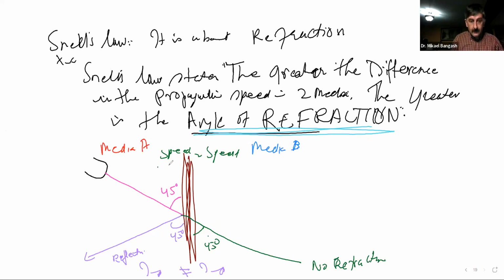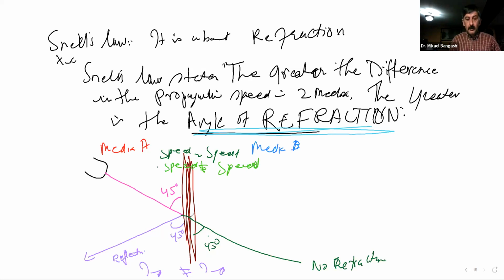Whereas if the speeds between these two media were not the same, that's when both requirements are fulfilled. We had an oblique incidence and we had different speeds.